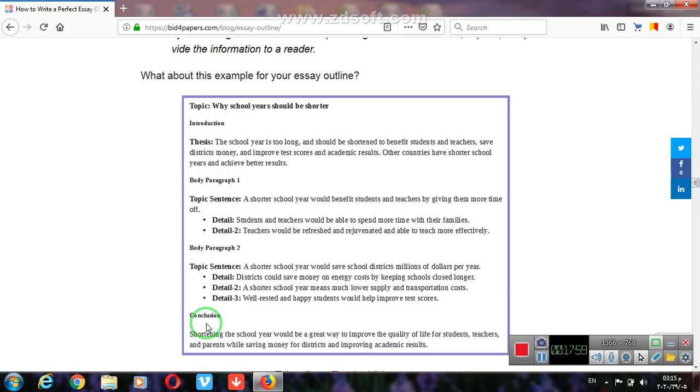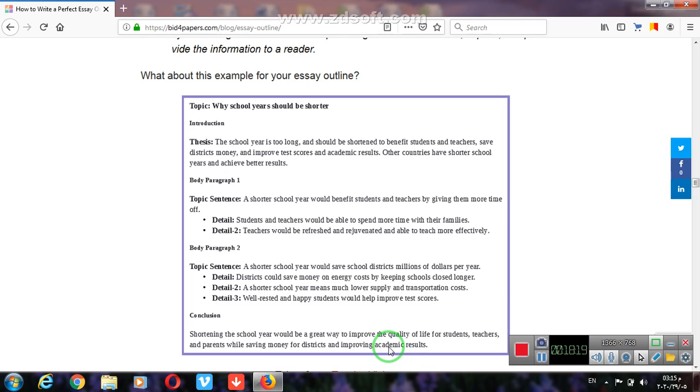In the conclusion, okay, he must write something about a summary of his essay. Shortening the school year would be a great way to improve the quality of life for students, teachers, and the parents while saving money for districts and improving academic results.